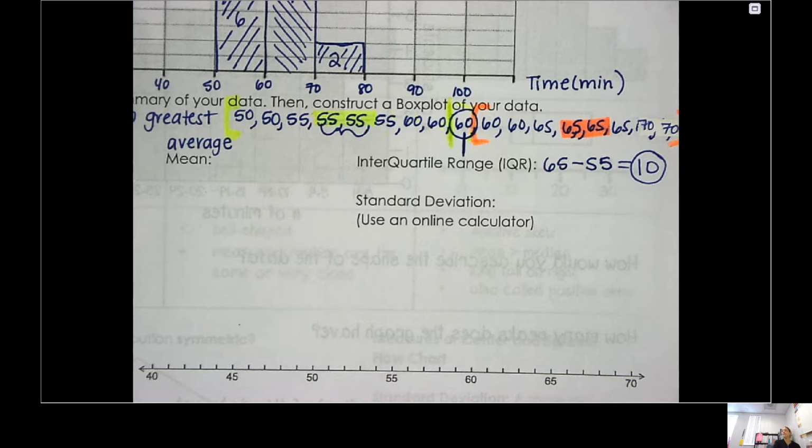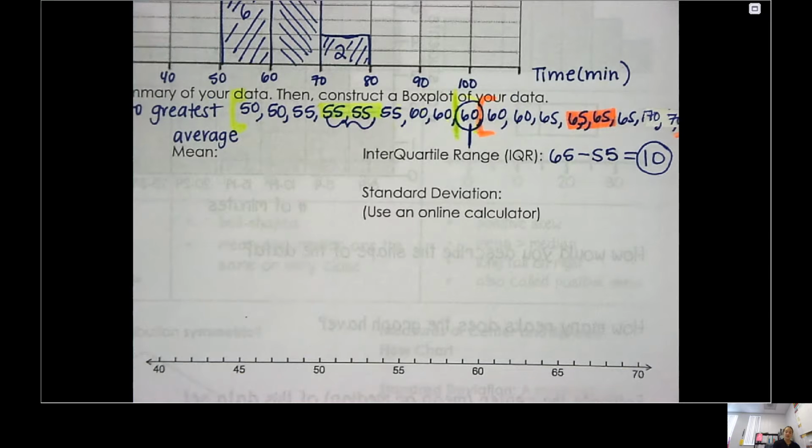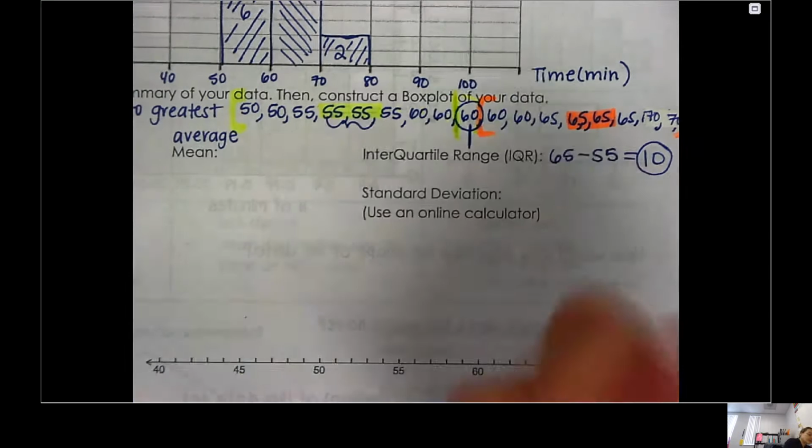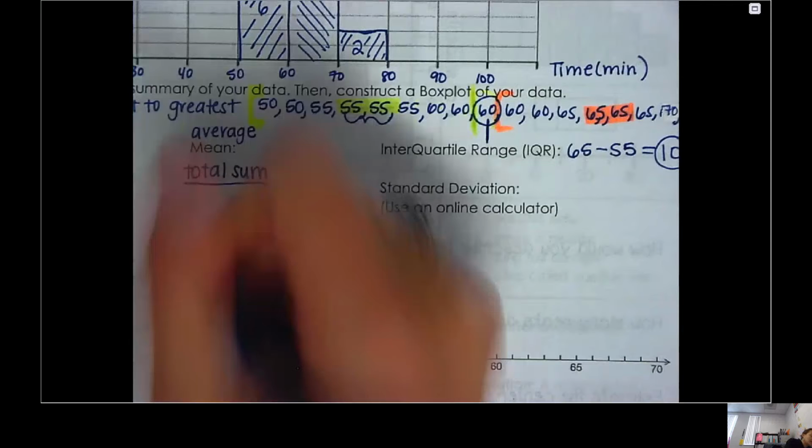Good question. Okay, how do I figure out the mean? Mikey, what do you think? Why divide by 17? There's the 17 total scholars. That's the amount of data points that you have. Exactly. So you're going to take a second right now and do this on your own. You're going to take the total sum and divide it by the number of data points.